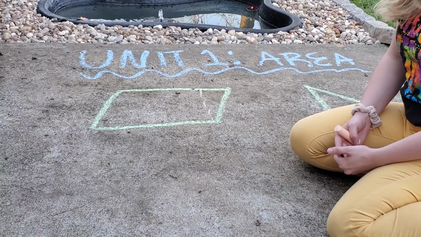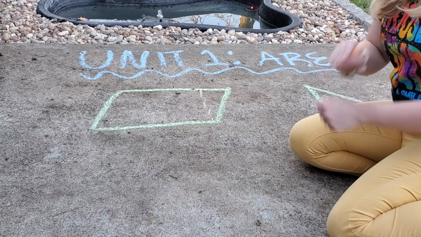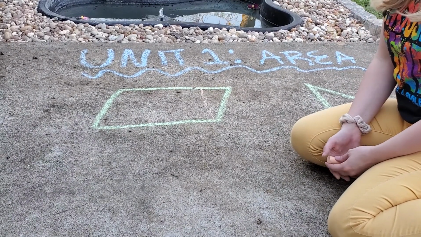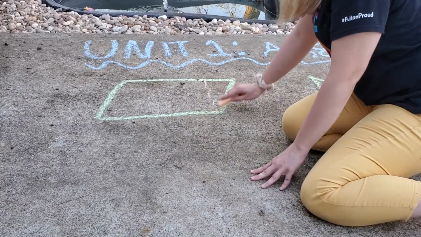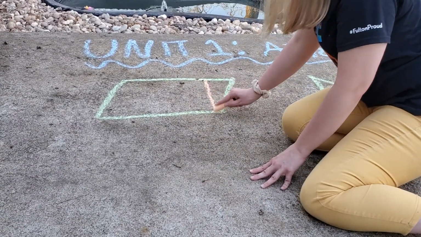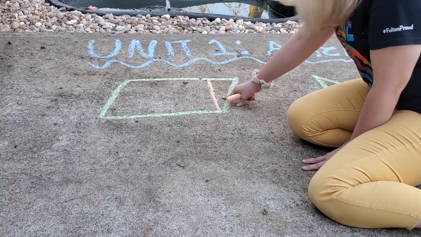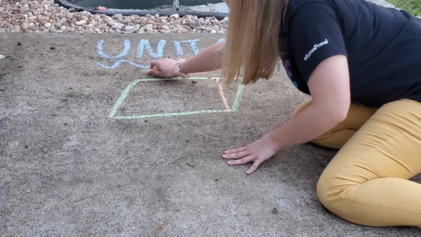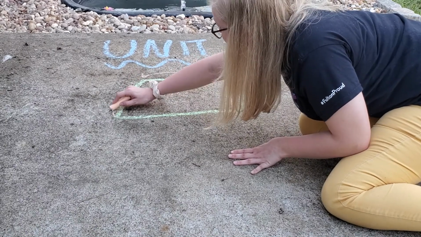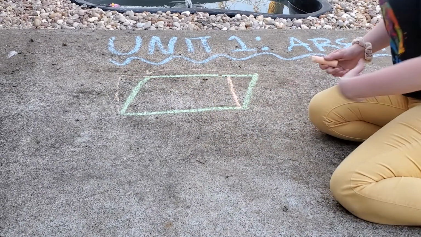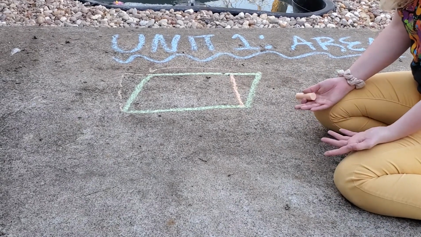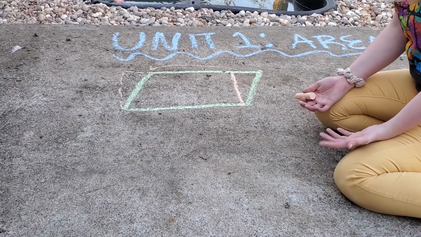What perpendicular means, remember, is just 2 lines meeting at a 90-degree angle. Then we can take this shape that we just made. It kind of looks like a triangle. We can take this triangle and move it to the other side, and we have a rectangle. It looks exactly like a rectangle.